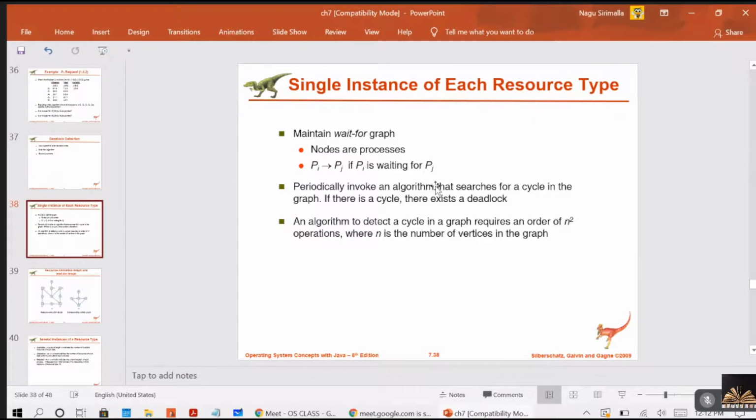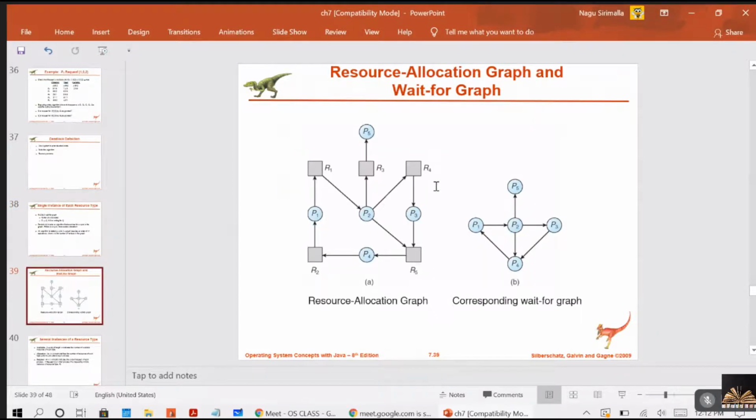The same thing. In the above figure we present the resource allocation graph and the corresponding wait for graph. A deadlock exists in the system if and only if the wait for graph contains a cycle.